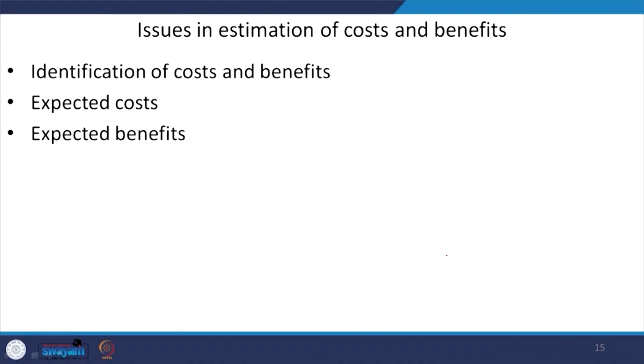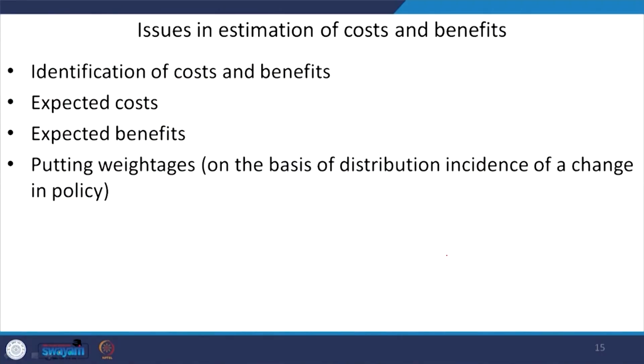So, it is expected, it is not the actual that is happening. Although we are taking into account these discounting factors, still it is a debatable issue, it is prone to uncertainty. Likewise, the same logic applies to the expected benefits. You do not know what will happen after 3 years, or what will happen after 10 years.